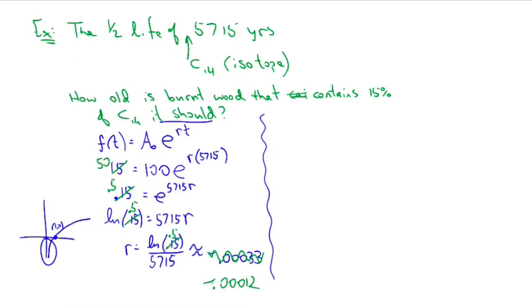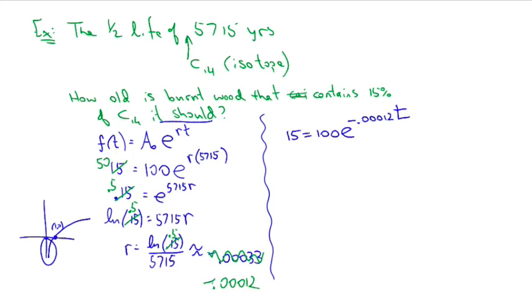All right. So how do I find out how old this is? I had the setup for how old it is, except for a few differences. It would still be 15 is equal to 100 e to the negative 0.00012, and then t goes here.